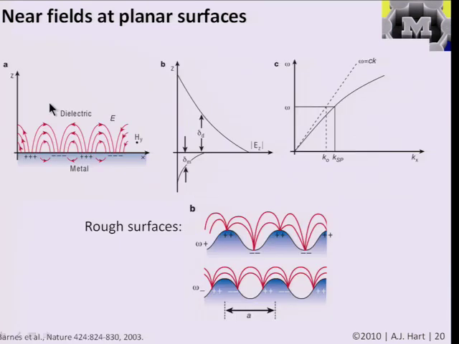Okay, and we've talked about small particles, but you also can get this effect for planar surfaces if you have the right material. So if you have a metal and a dielectric and you send in some light, then you'll get this effect at the surface of the metal, where you have charges responding to the field in a resonant way. So you'll get this strong absorption peak at a certain frequency.